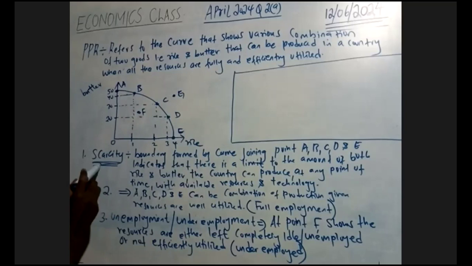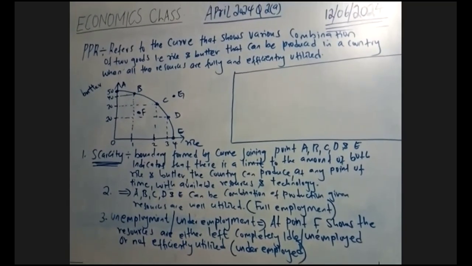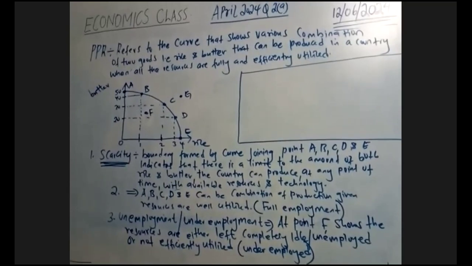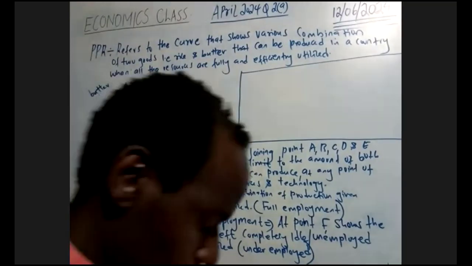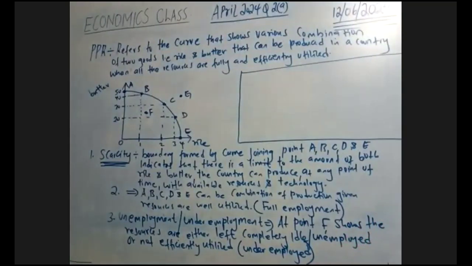So for scarcity, the boundary A, B, C, D, and E shows that our resources are limited.